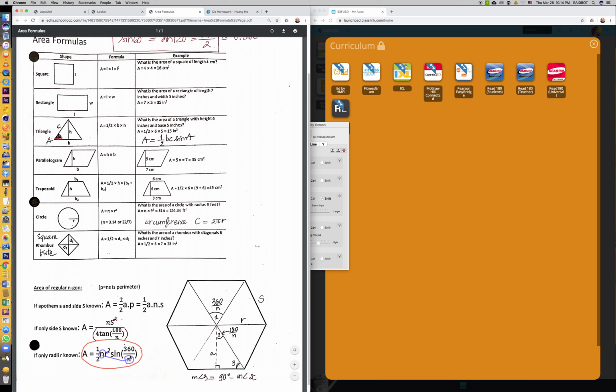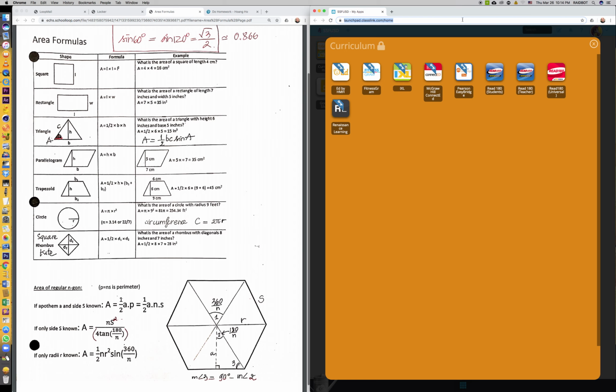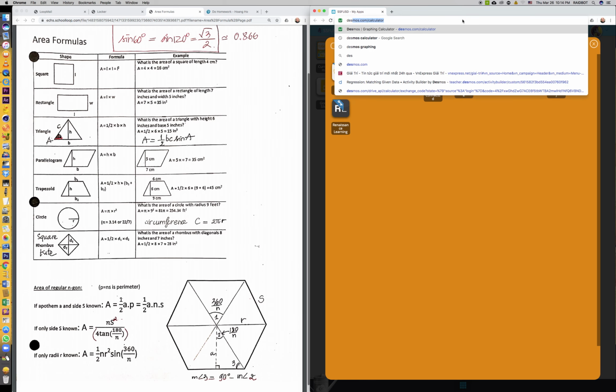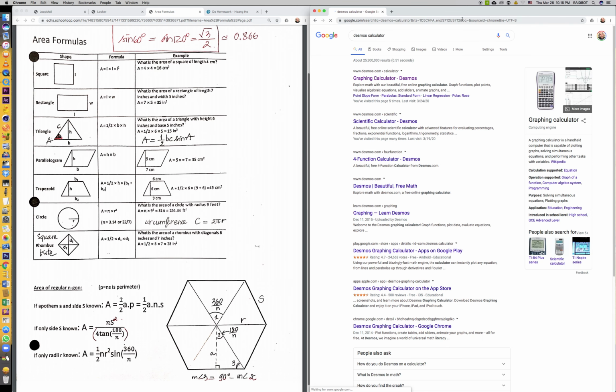Alright, so let's clear that. Now I open the Desmos calculator. I type Desmos calculator, and then I choose the second option over here.